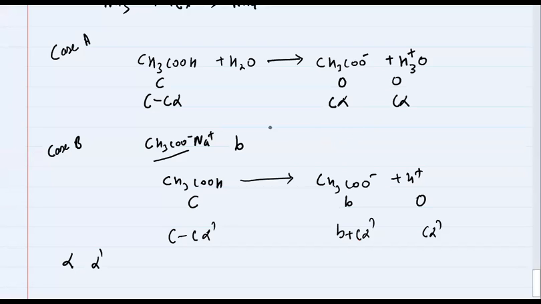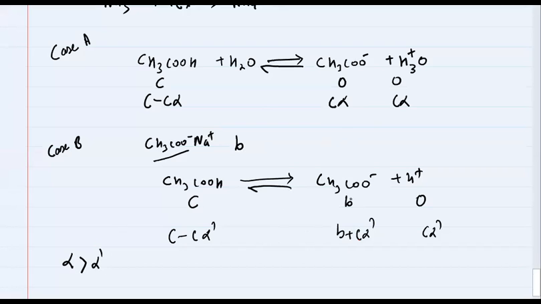It is a reversible reaction, so the direction of reaction will shift in the backward direction. According to Le Chatelier's principle, if it shifts in the backward direction, the degree of dissociation should decrease. So alpha should be greater than alpha dash. This is your common ion effect.